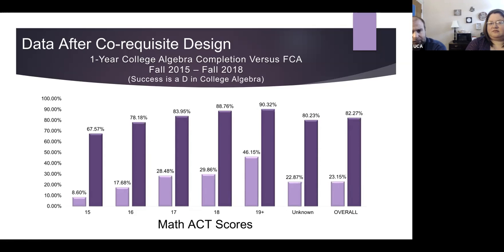So we've seen some really strong numbers by ACT score, and we've seen some other places that have really similar data from this. Saw one from Tennessee actually just yesterday that was really similar. So this is pretty comparable to other institutions. So know that this is possible for you guys.